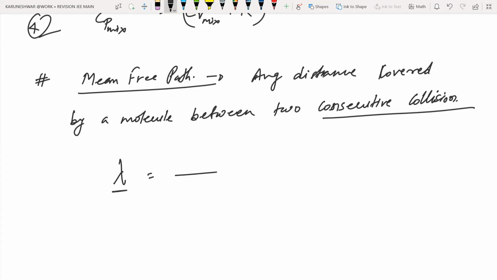You can write lambda in terms of the number of molecules per unit volume, the number density, and the diameter of the molecule.